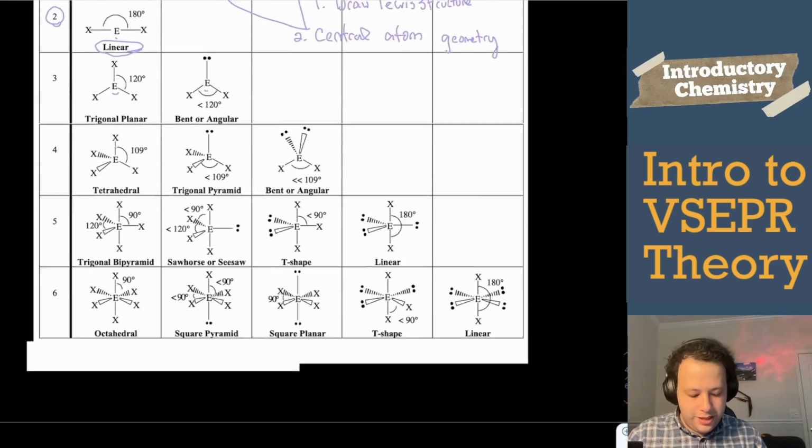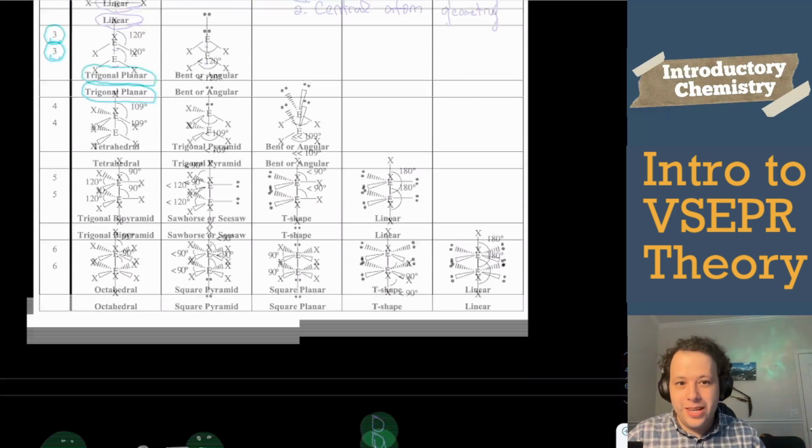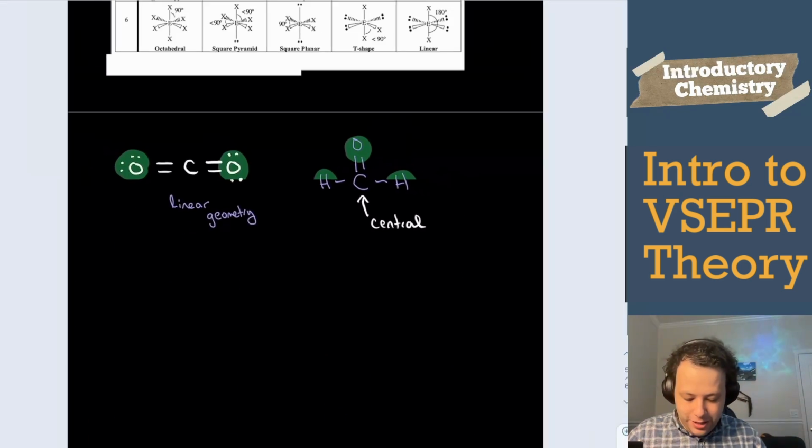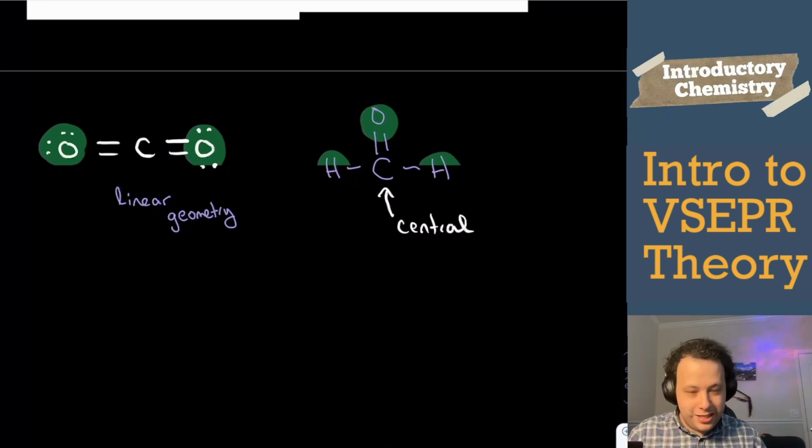We then look at the different groups. We have 3, and we had 0 lone pairs on this structure. So that's going to be trigonal planar as our geometry. So we can redraw this molecule in that orientation. When we do that, we're going to draw this as trigonal planar.